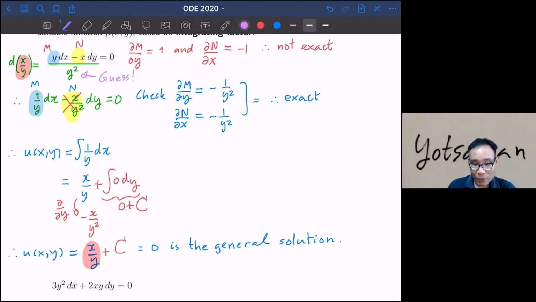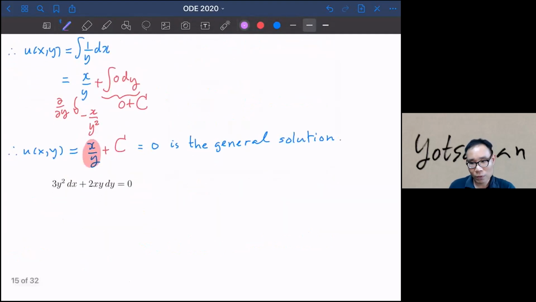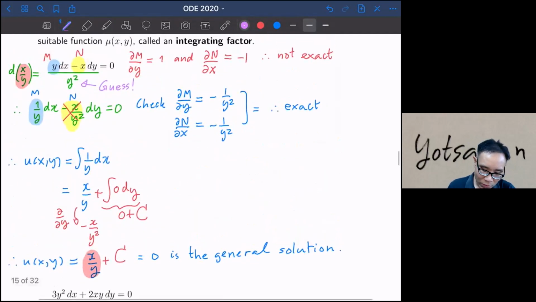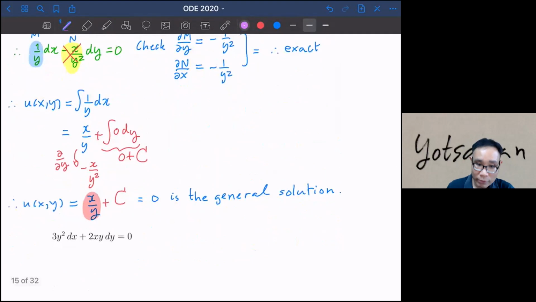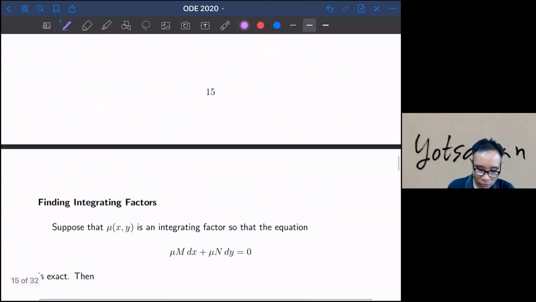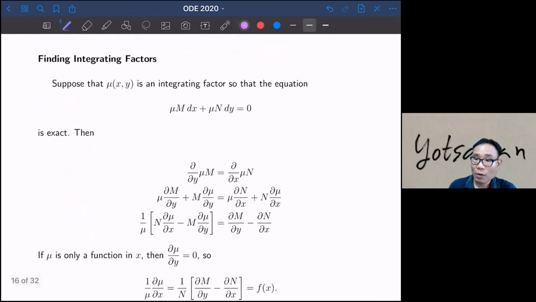Okay, however, for this one, what should we know about this one? What will be the thing that we're gonna multiply to the whole thing, and it's gonna make the equation to be an exact equation? Okay, so we need the way to find the integrating factor. So how would we find the integrating factor?